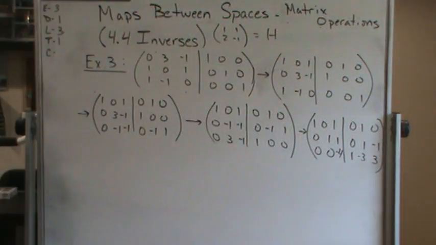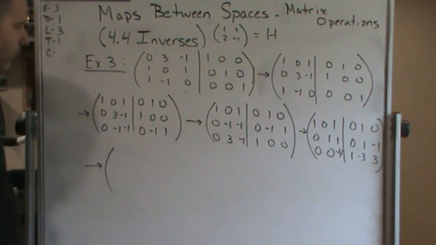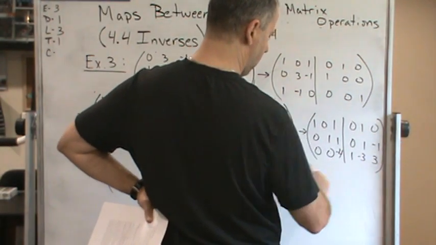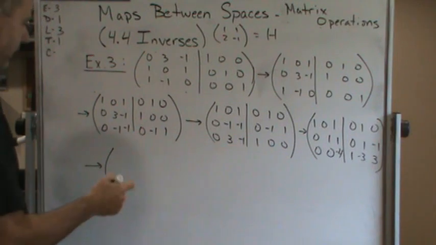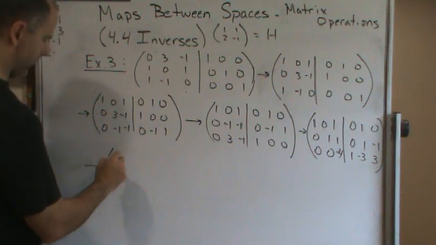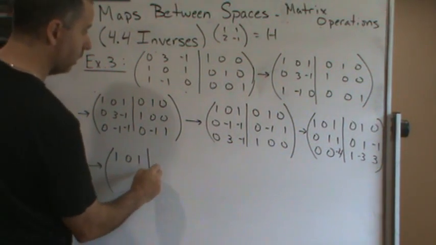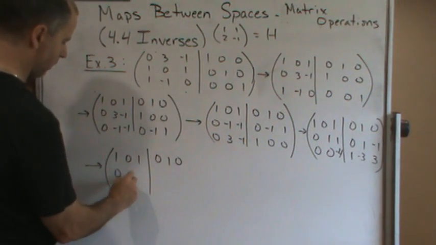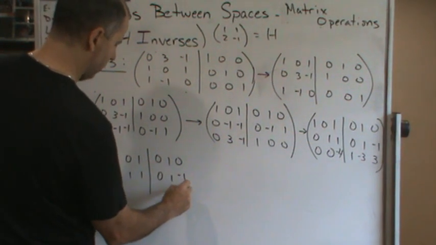All right, so now let's keep going. What do I want to do? I'm going to multiply the last row, row 3, by negative 1/4, because I need a 1 there. The first two rows stay the same, so 1, 0, 1, 0, 1, 0, and 0, 1, 1, 0, 1, negative 1.